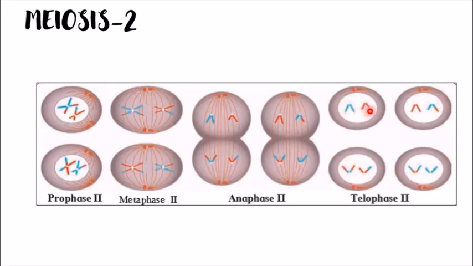Now if you see, all of them have genetic material same as the parent cell. So in meiosis, from one cell we get 4 cells. Also one thing you have to remember, meiosis only occurs in the germ cells, that is, in the reproductive cells meiosis takes place.